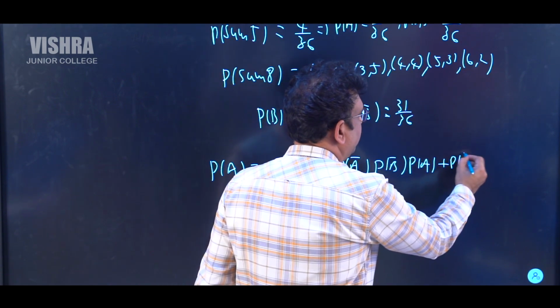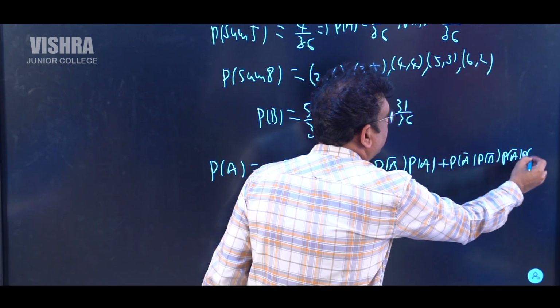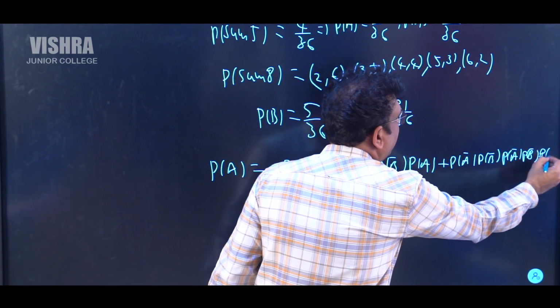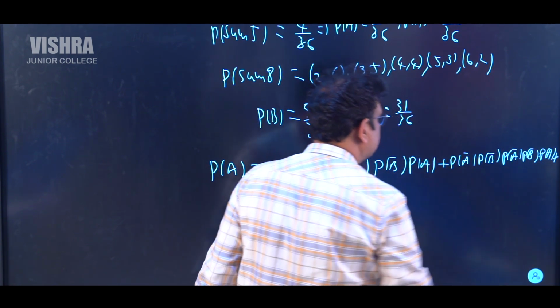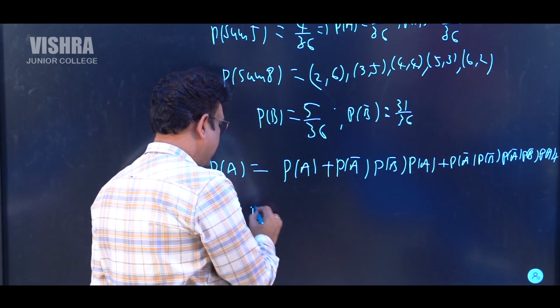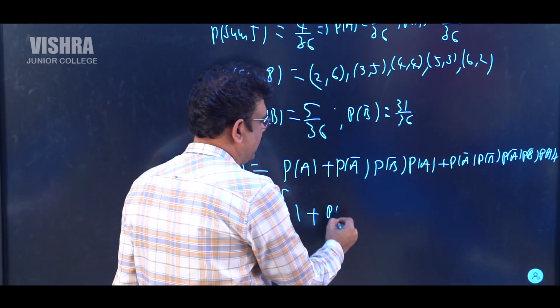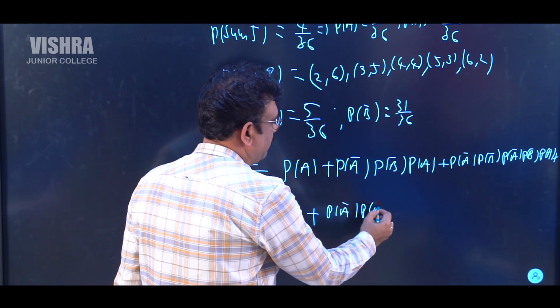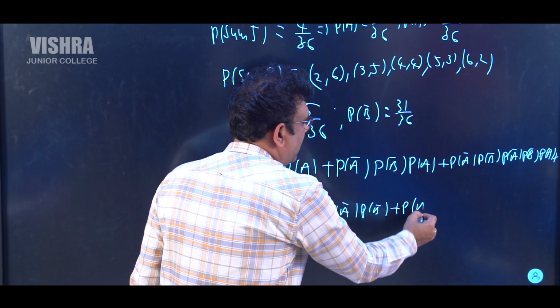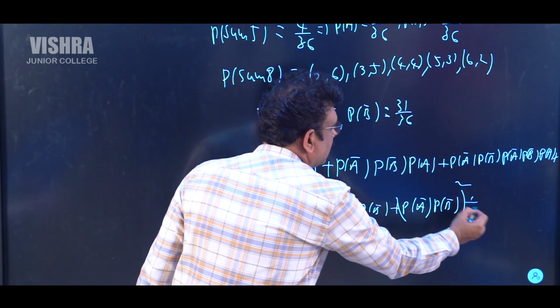P of A complement, P of B complement, again P of A complement, P of B complement, P of A, and so on, like this. So taking P of A common, we get 1 plus P of A complement into P of B complement, plus P of A complement into P of B complement whole square, like this.